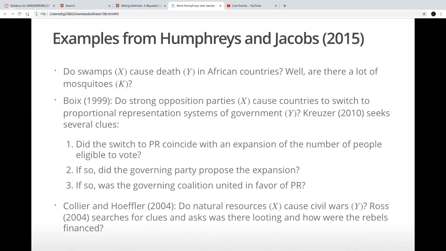But that's really just a shorthand for: if there was some program that drained swamps, would that increase the life expectancy of the people who live in the nearby area? So it's really what's the causal effect of a proposed intervention rather than what is the causal effect of a variable.